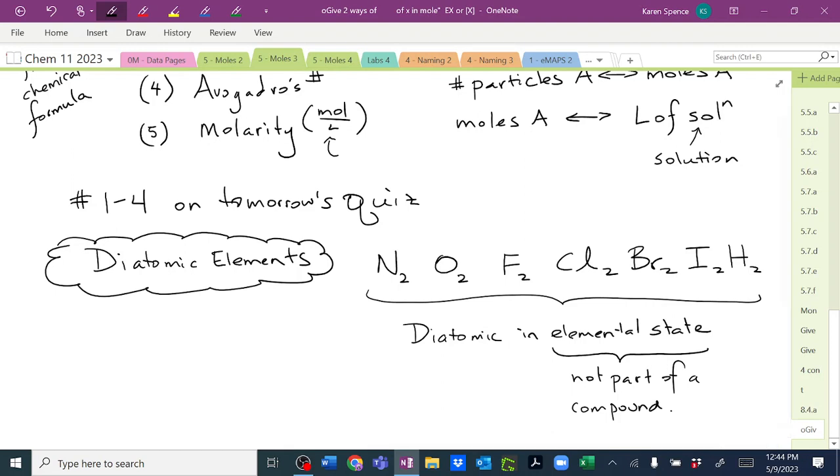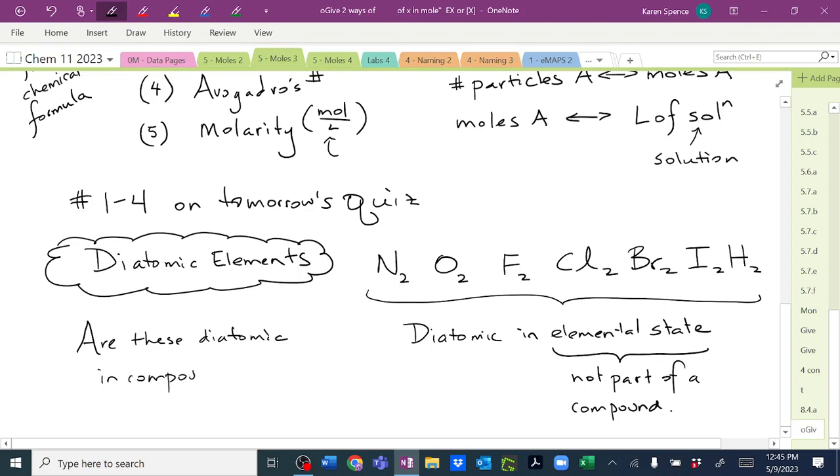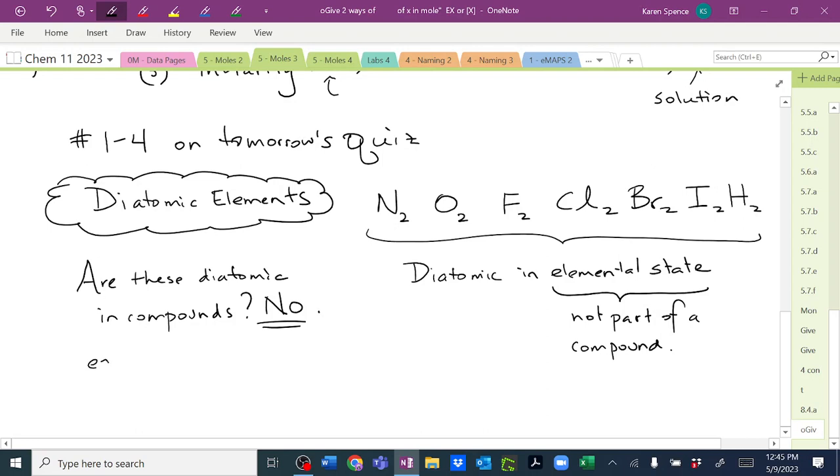Are they diatomic in compounds? No. So for example, sodium chloride is not NaCl2, right? So a question you might get, this is also going to be on tomorrow's quiz.